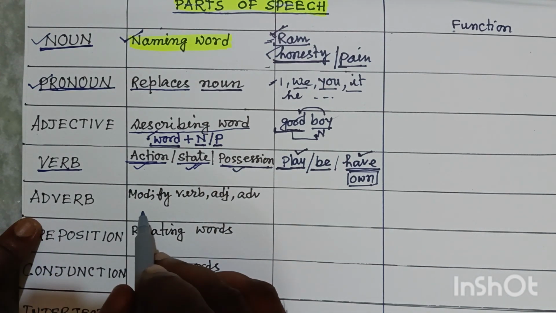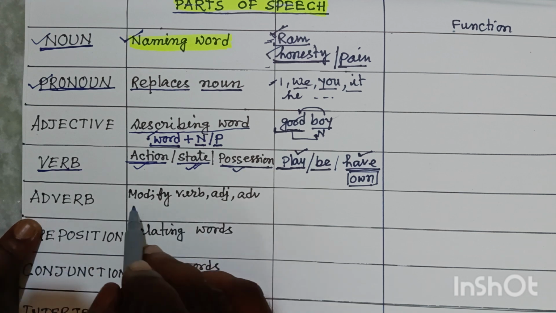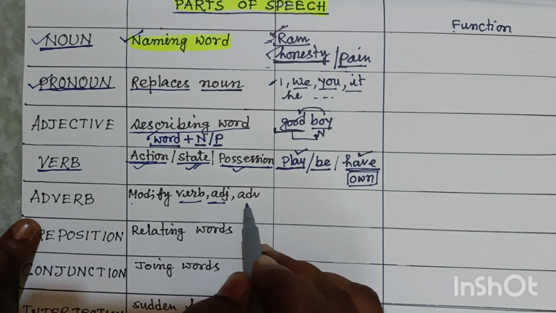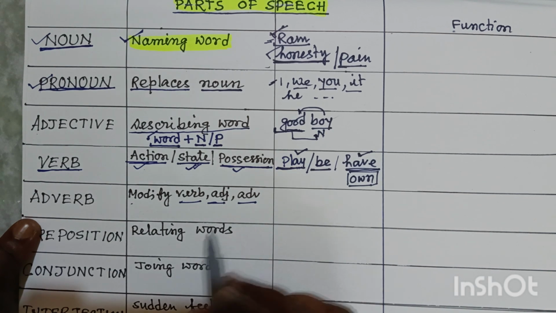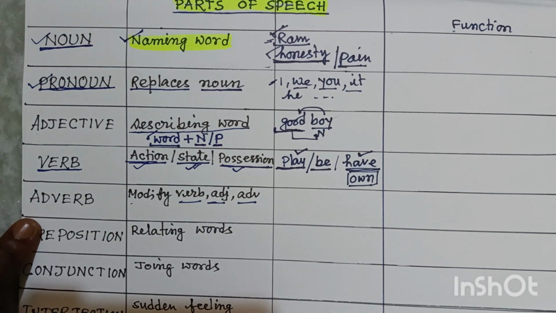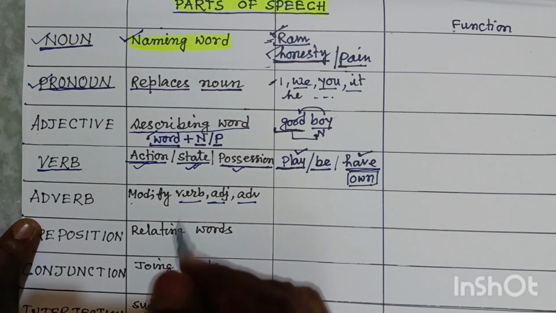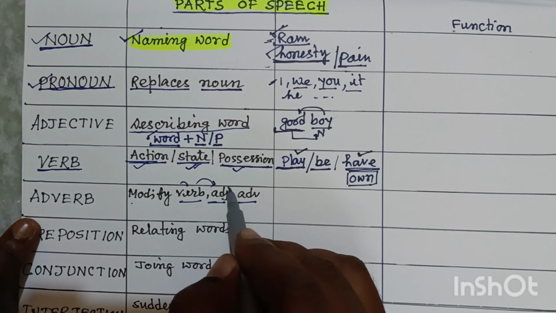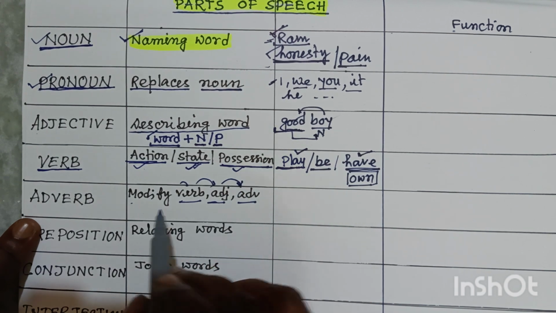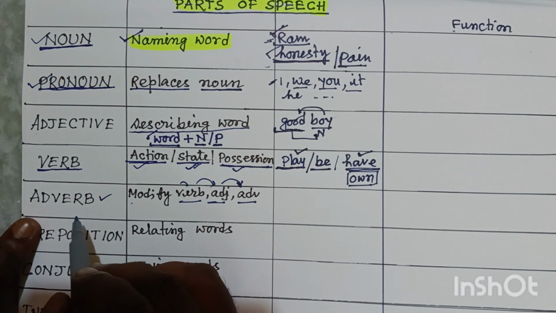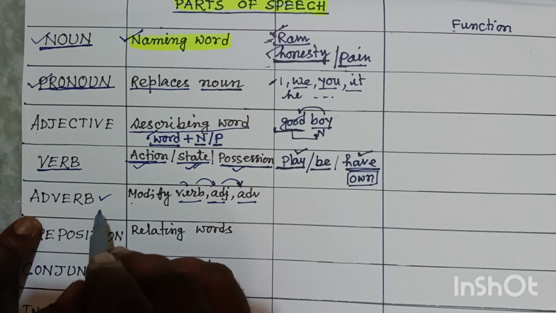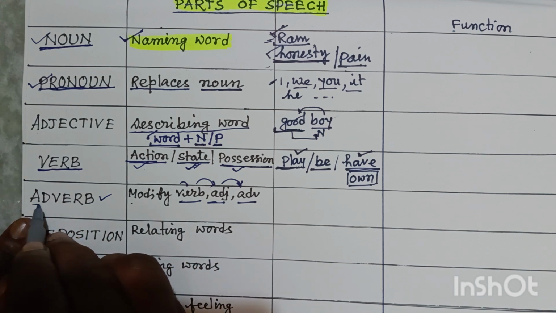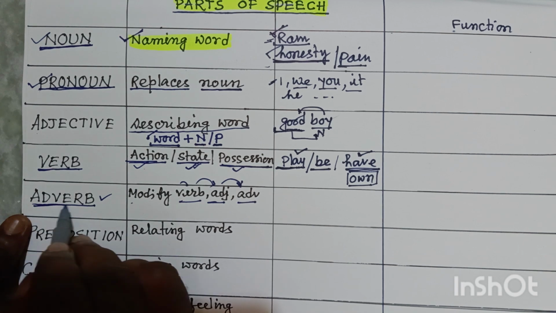Now, some of the other words are there which modify the verb, the adjective, or the adverb. That means a particular word that says something about a verb, about an adjective, or about an adverb. Actually, friends, except noun and pronoun, the adverbs can modify the rest of the parts of speech.